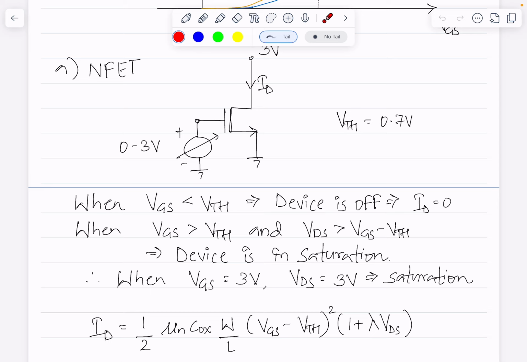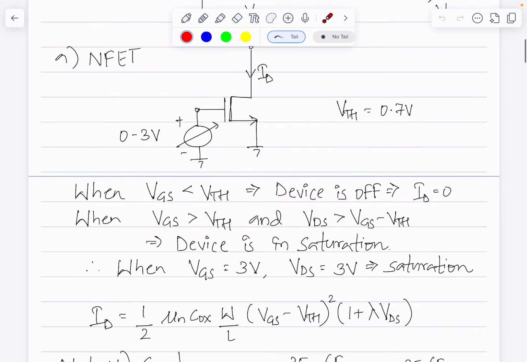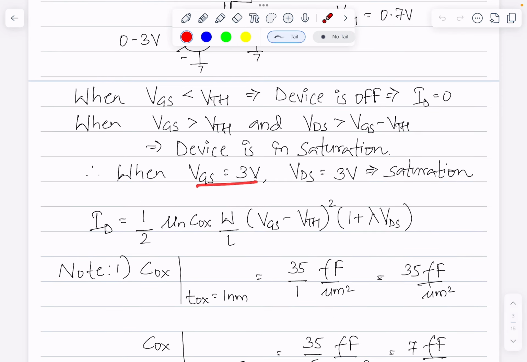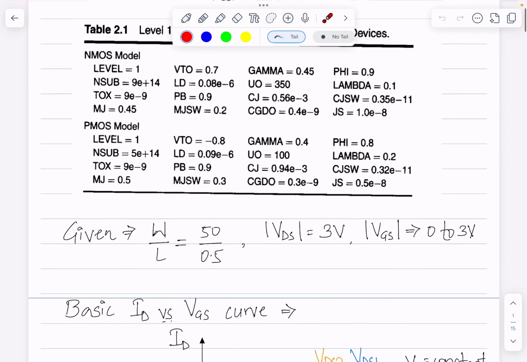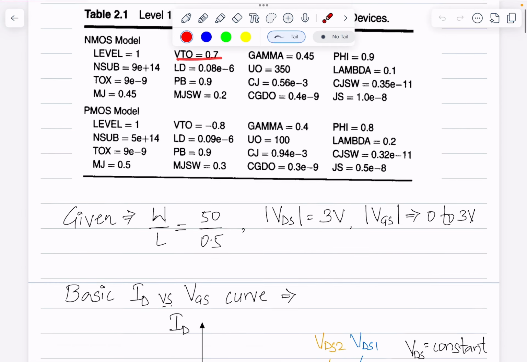If VGD is greater than one threshold, then it is in the triode region. Now VGS is 3 volts and VDS is also 3 volts, so VGD is essentially 0 volts and it is less than one threshold voltage, which is VTH for NMOS, 0.7 volts.